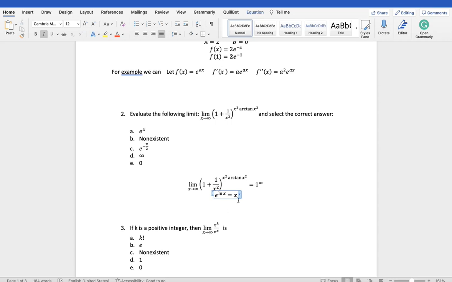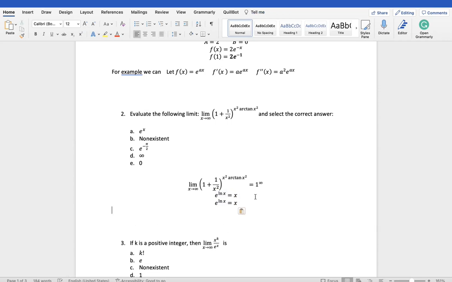So using that, you can substitute the value of x, which is this entire thing here.